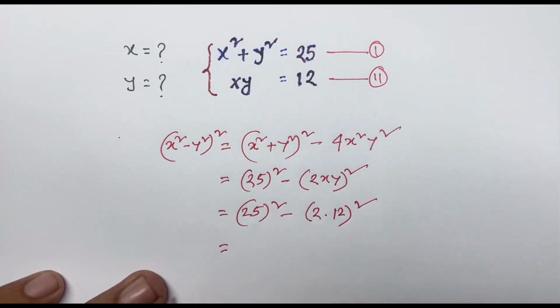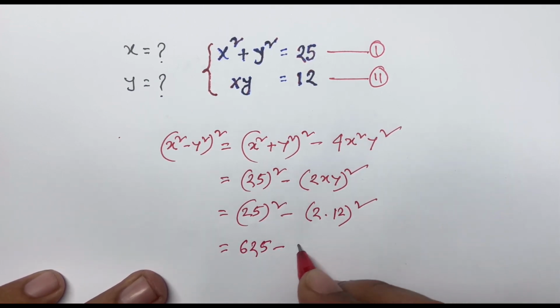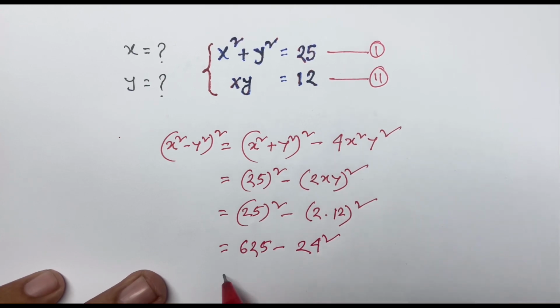Now I can say 25 whole square equals 625, minus 4 times 144, that is 576.